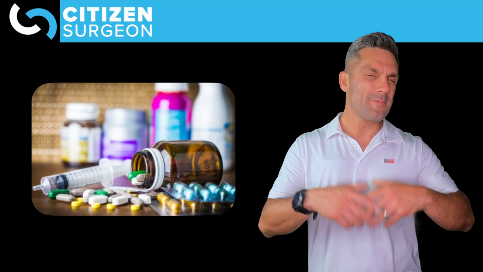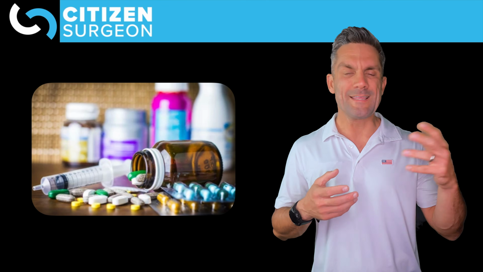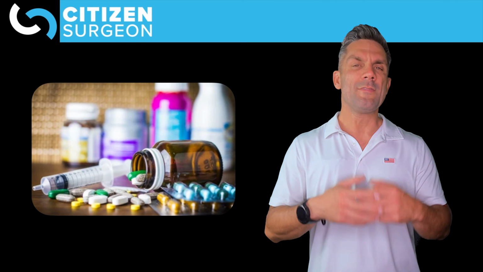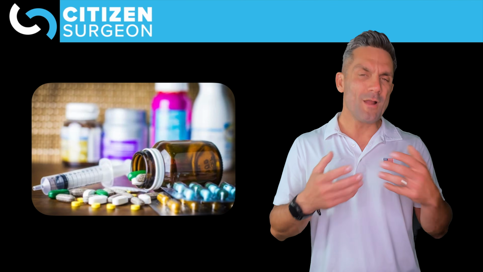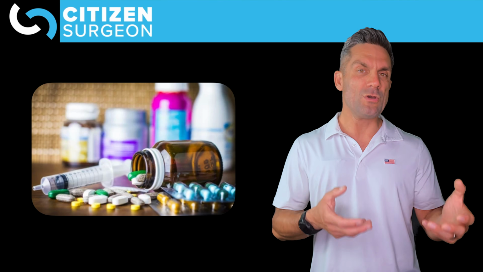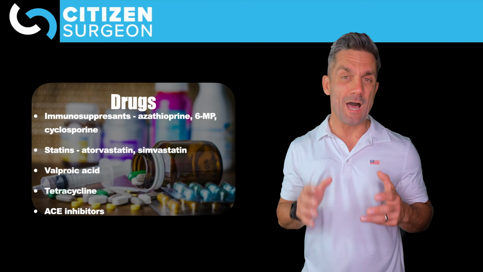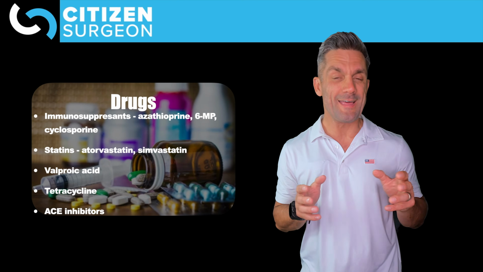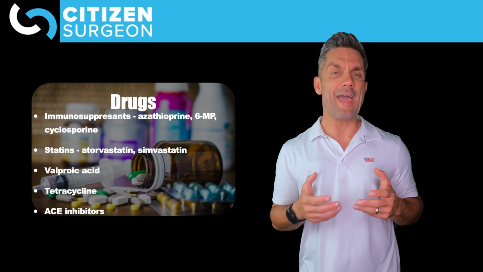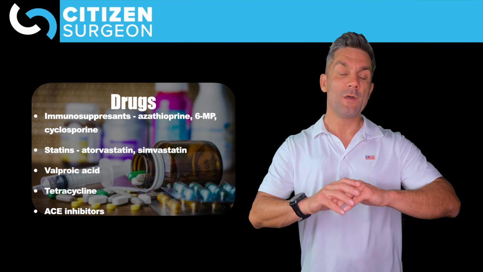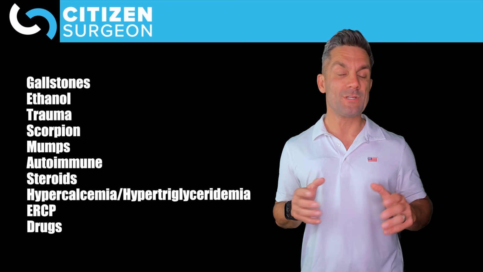The ones that come up in the exam seem to be azathioprine, 6-mercaptopurine, and cyclosporine, those immunosuppressants. But there are other drugs that can cause acute pancreatitis as well. So this is a list of some of the drugs that cause acute pancreatitis. Check that out, and each of these is going to have its own specific mechanism of action.